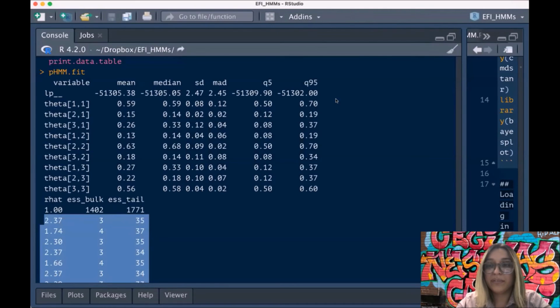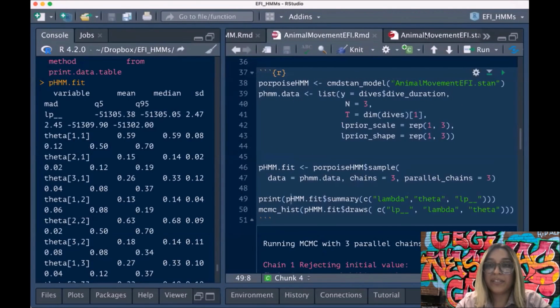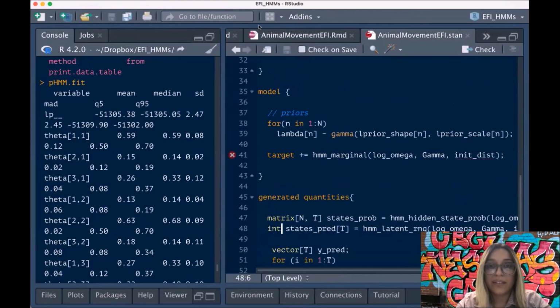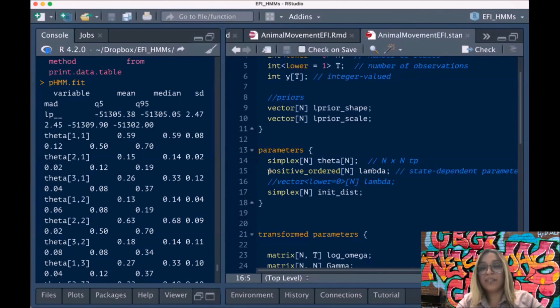And what you can do, and I won't rerun this now, is go into the Stan code and, rather than just describing it as a vector, say it's positive and it's ordered, and this will generally resolve your problems. And then you'll have beautiful R hats of 1, all because you're giving it some structure. You're ordering the labels of your lambda values.